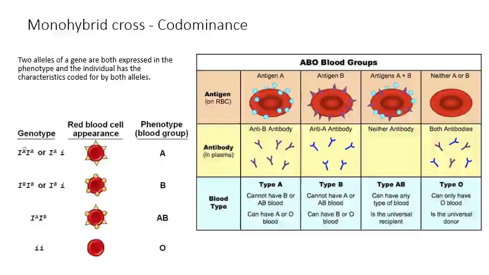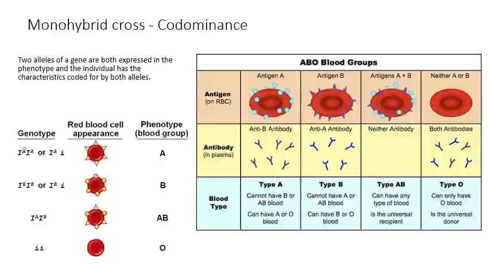Now, if I have blood type A, I have an antigen A sitting on my red blood cell, and that means I have an anti-B antibody. If I'm blood group type A, I've got an anti-B antibody, and that floats around in my plasma. So if I have an accident and they accidentally give me type B blood, these anti-B antibodies are going to attack these red blood cells that have antigen B on them.